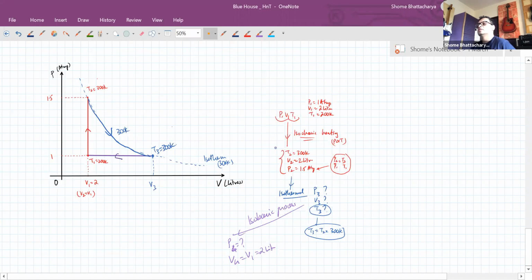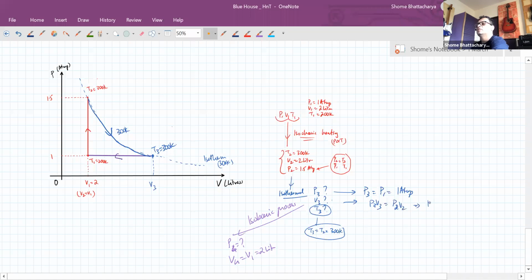Now you can see that because of this, this pressure P3 has to be equal to P1. So it is 1 atmosphere. Therefore, P3 V3 is equal to P2 V2.